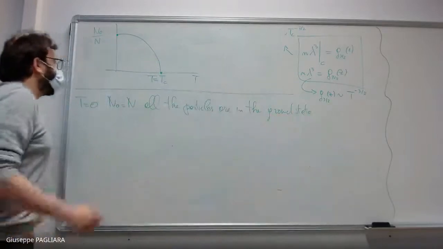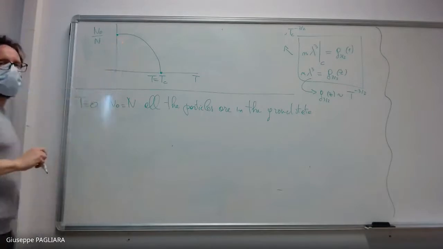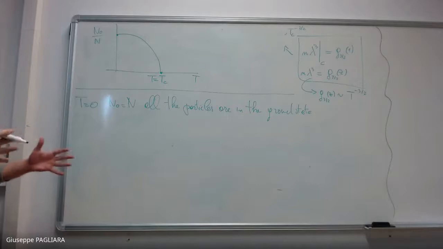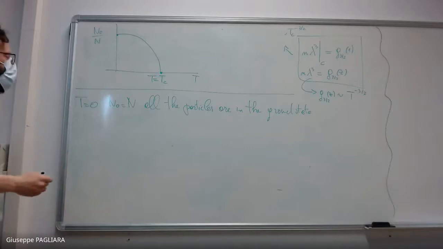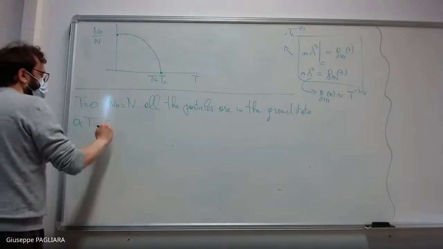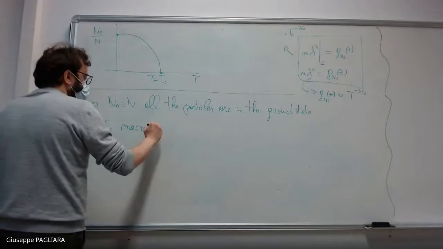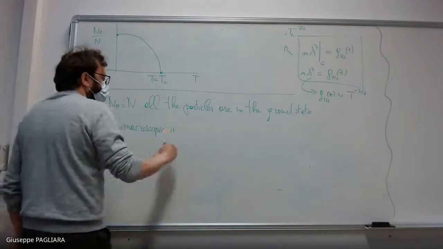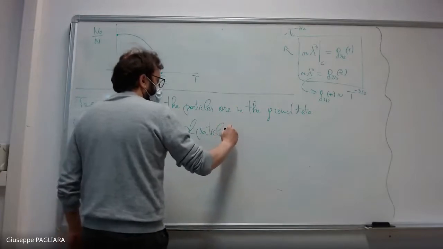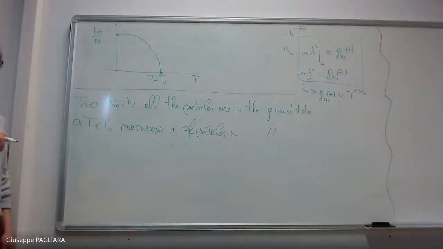Okay. When I vary the temperature between 0 and Tc, I will have a certain fraction of particles in the ground state. Anyway, a macroscopic number of particles. So for T larger than 0 and less than Tc, I have a macroscopic number of particles in the ground state, and the rest is in the continuum.